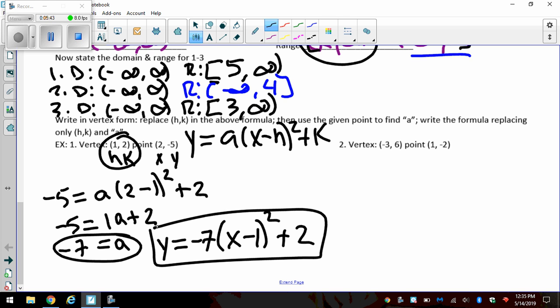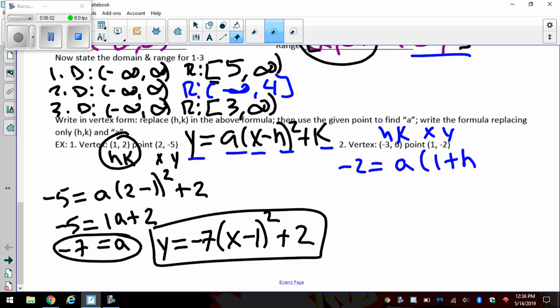Let's try one more of these. So again, that is my h, k, that's your x, y. We're plugging it into the formula right here in all these spots. So we have y equals, we don't know our a yet, x minus my h, it becomes plus because it was, sorry, minus a negative, so minus a negative 3, plus my k. So that's 4 squared, so that should be 16.